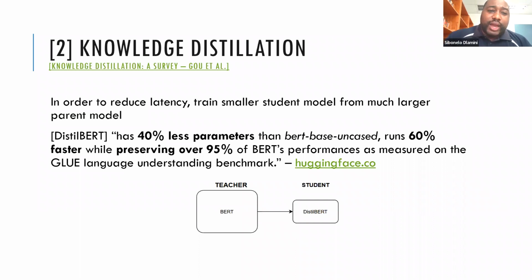that we have. And this idea is articulated very well by the people from Hugging Face, which is a library for working with transformer models, where they say DistilBERT, which is the smaller version of BERT, a very popular transformer model, has 40% fewer parameters.